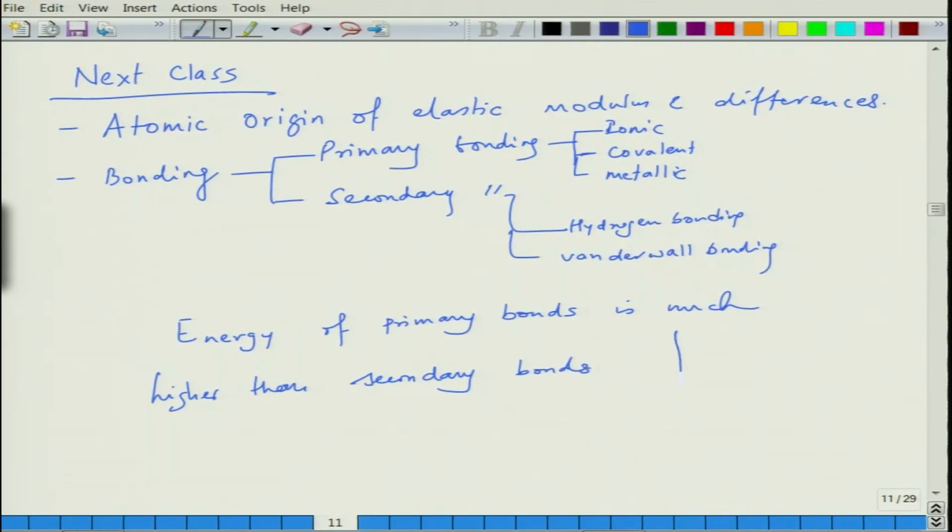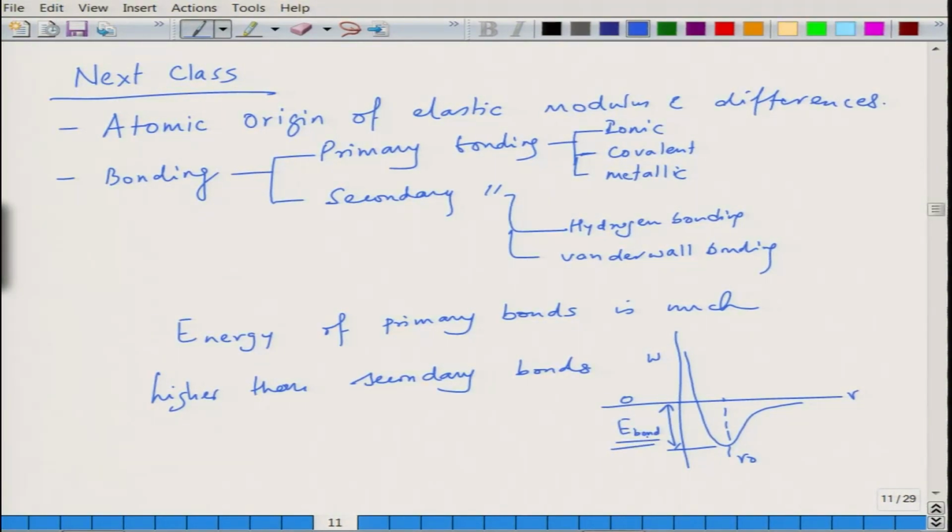We know when you plot the potential energy, it goes something like this. So, this is W, this is R, the separation between the atoms, and this is the equilibrium separation, let us say R naught. The distance of the minima from zero is essentially E bond.